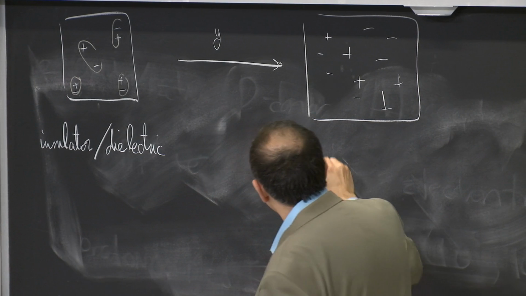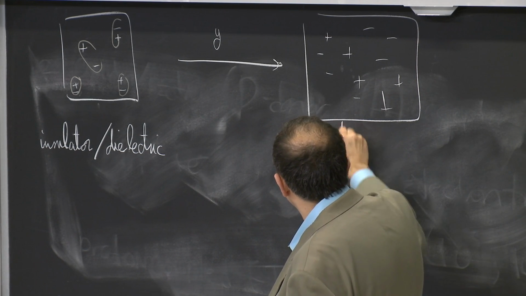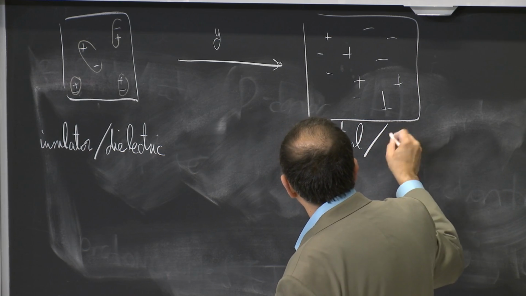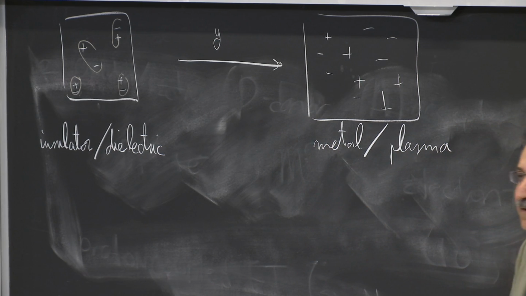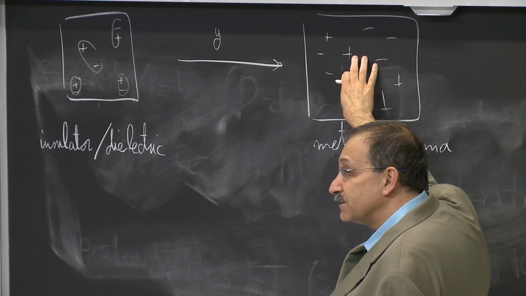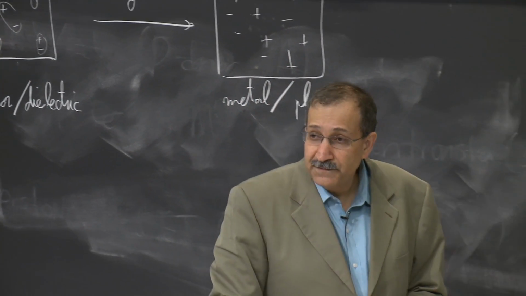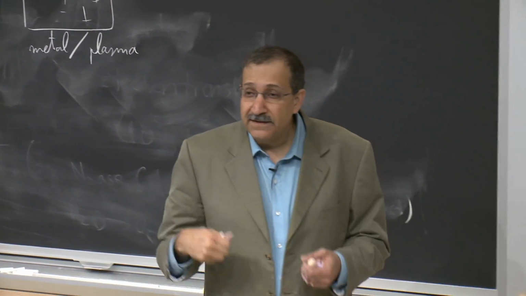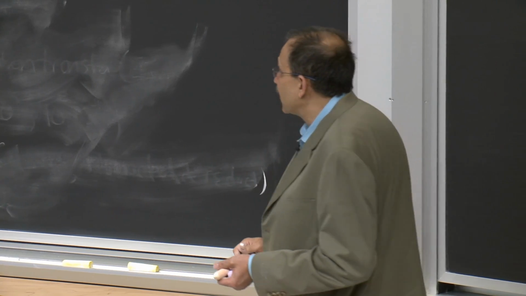While what is happening here, in different languages, you can call a metal, or, as I said, maybe a plasma. Point is that here you have free charges. Here you have bound pairs of charges. And they respond differently to, let's say, an external electromagnetic field.